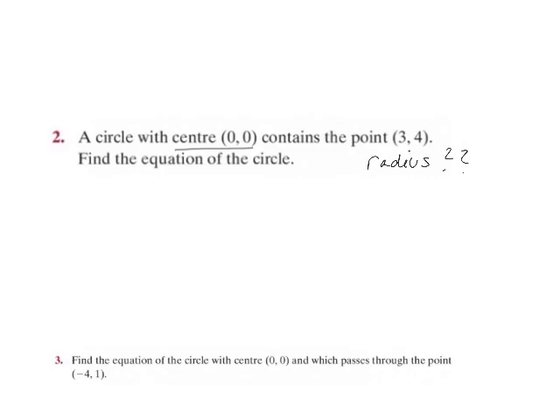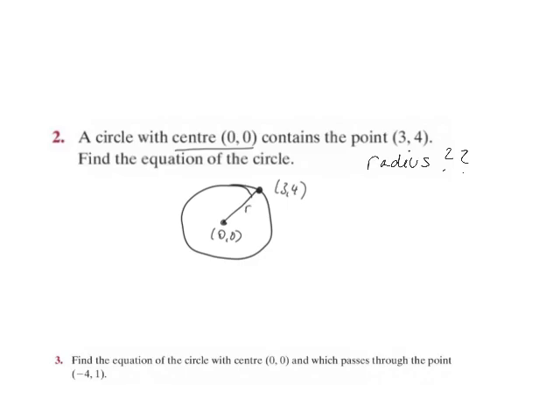We need to find the radius. So we have a circle, the center is 0, 0, and we are told the point is on the circle, and in order to get the equation of the circle, we need to find the radius.